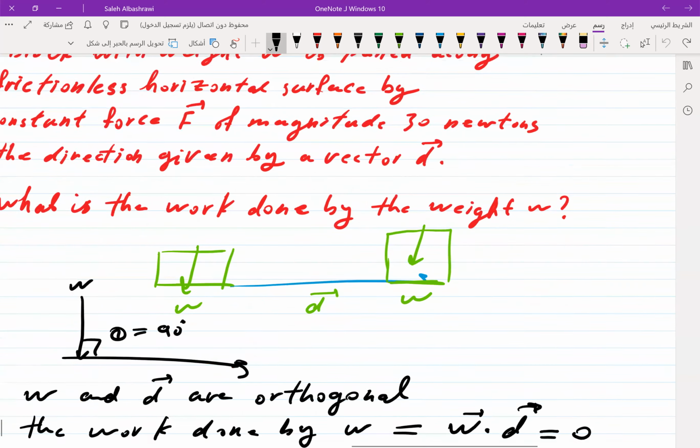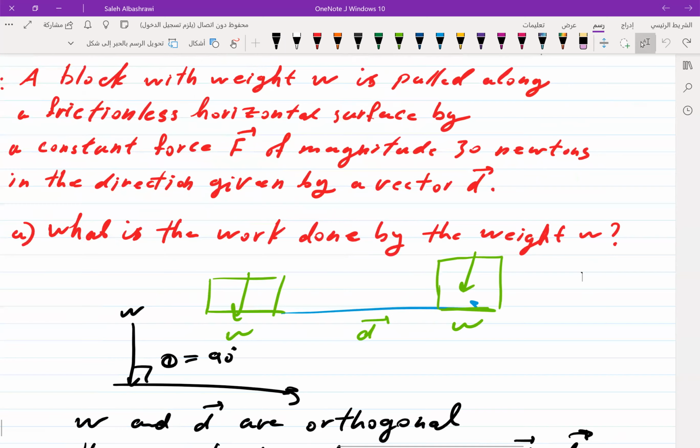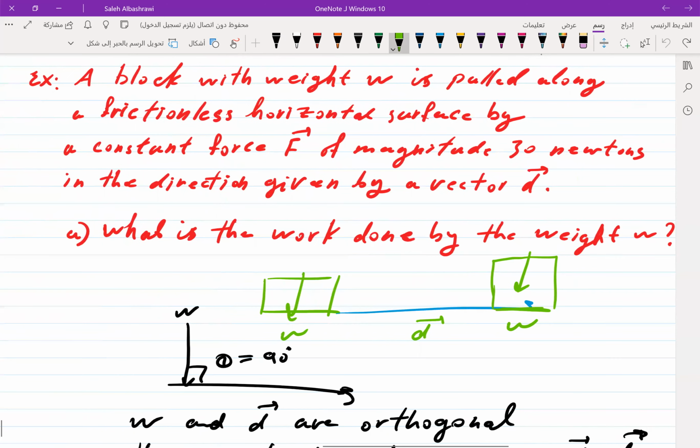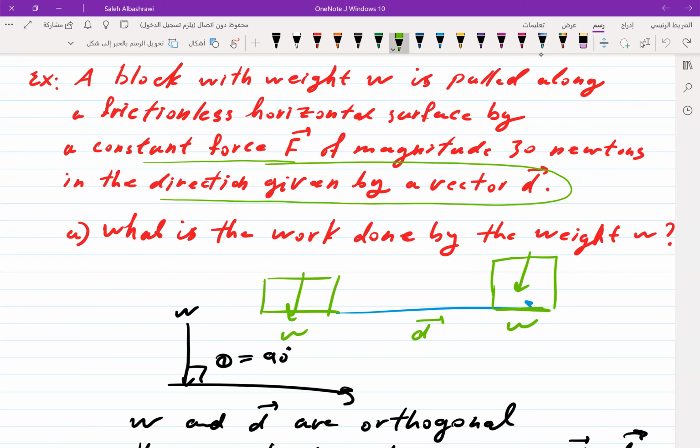Let's go back to the question. It says that a constant force F of magnitude 30 newtons is in the direction given by vector D, in the same direction.